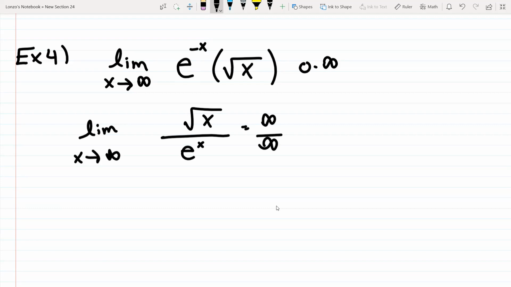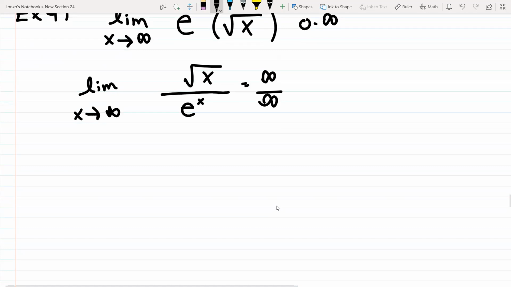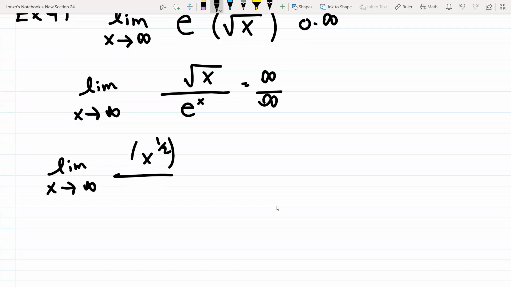So now we can take the derivative of the numerator and the denominator. Radical x is the same thing as x to the 1/2, prime. And then e to the x, prime. So what's x to the 1/2 prime? That's going to be 1 over 2 radical x. And then what's e to the x prime?